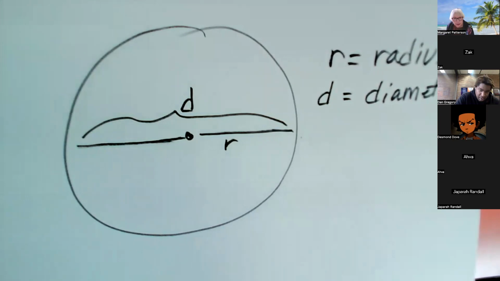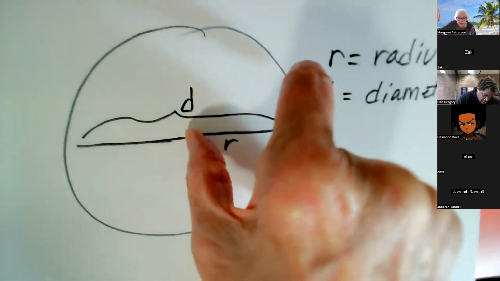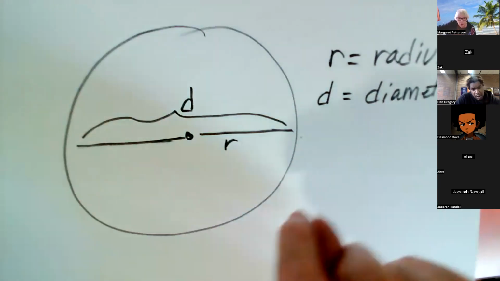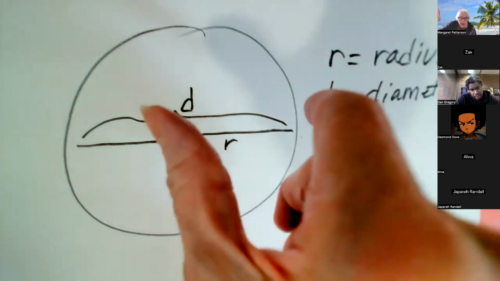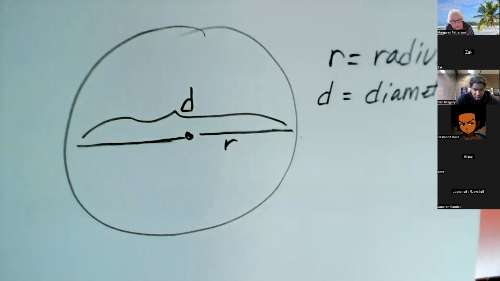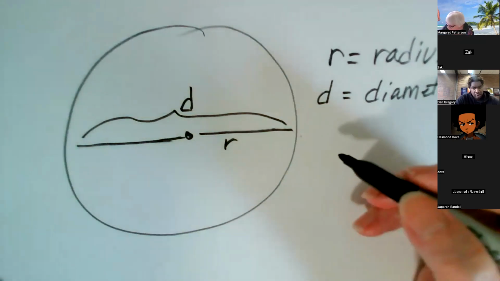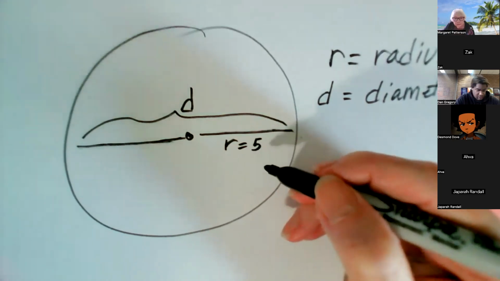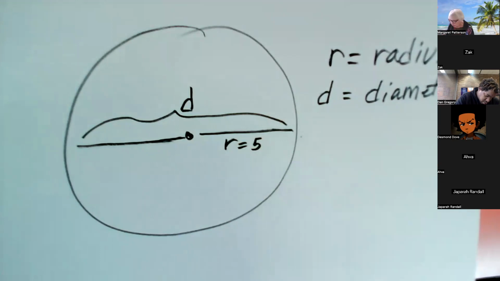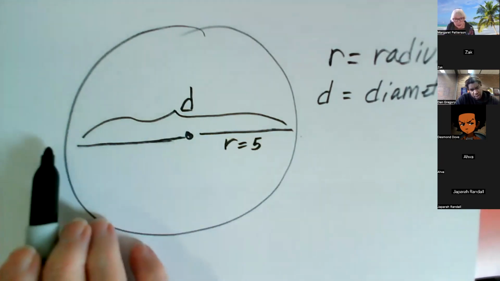Now, the interesting thing about this is, I don't know if you remember using a compass, so you'd mark it in here and then you draw the circle. So the radius has to be the same everywhere, or it's not a circle anymore. It's kind of misshapen. And so if you knew that the radius was 5, the distance from here to here is the same as the distance from here to here.